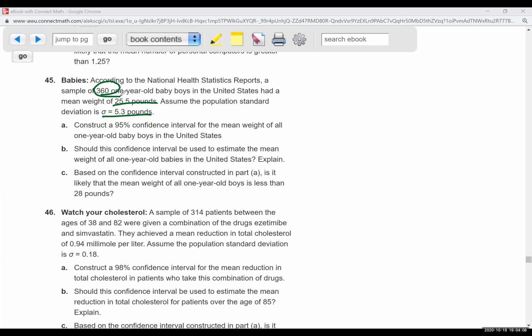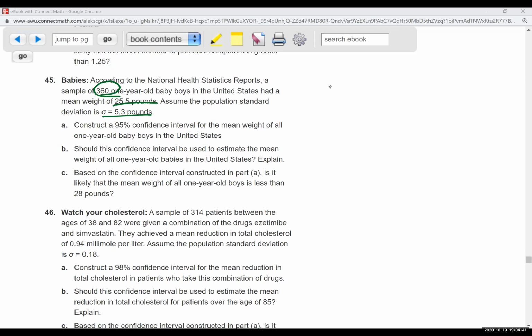So using the assumptions, you have a simple random sample of 360, and it is greater than 30. And this section is all about confidence interval for means given the population standard deviation. So here, given the population standard deviation of 5.3 pounds.